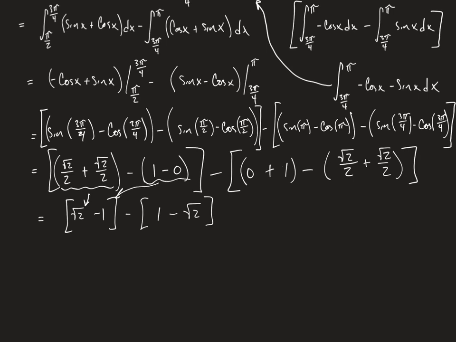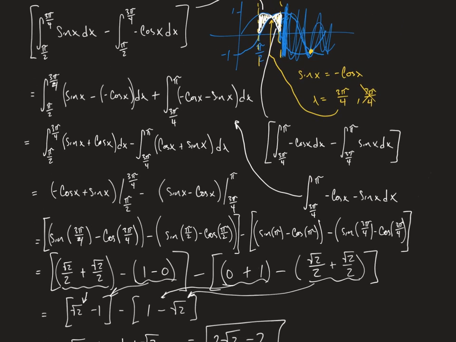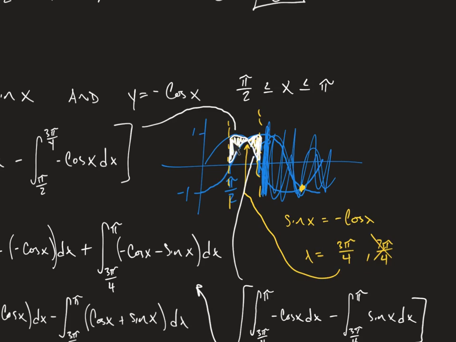Obviously that there, just to be clear so you can see where all these components are coming from. All right, and finally, let's drop these brackets. So I have radical 2 minus 1 plus radical 2, and that's going to equal 2 radical 2 minus 2. And that turns out to be this area here.